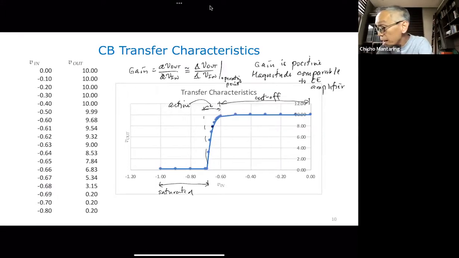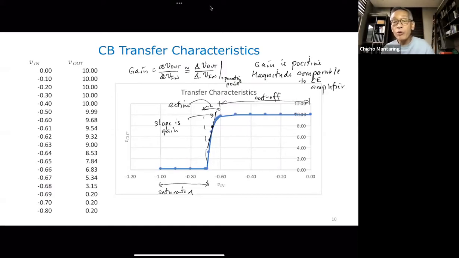The gain at this point is the slope. Slope is your gain. Magnitude-wise, the common emitter and the common base have about the same magnitude. So they're comparable.